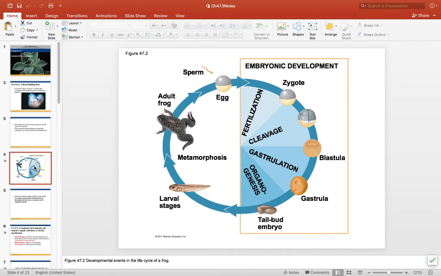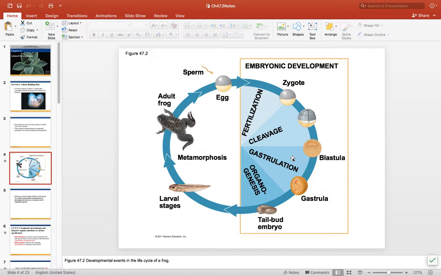I'm going to jump down through the slides here a little bit and hit on the main points. Starting out with animal development, one of the main things you want to remember is that the embryonic development stage of a new organism starts with fertilization, sperm and egg fusion, which creates that zygote, that single cell, followed by cleavage, which really just means division of those cells, so going through mitosis.